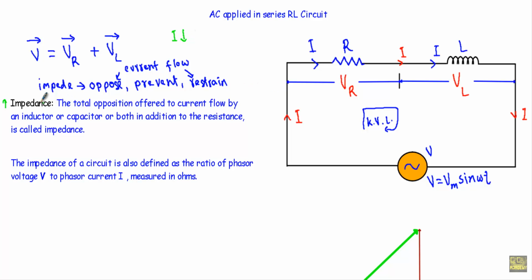So when the word impedance comes into existence, if a circuit contains inductance L or capacitance C or both, in addition to a resistance, the total opposition offered by them is known as impedance.